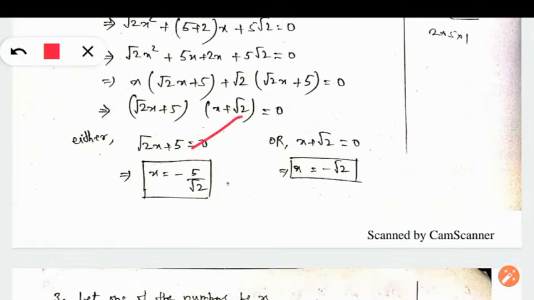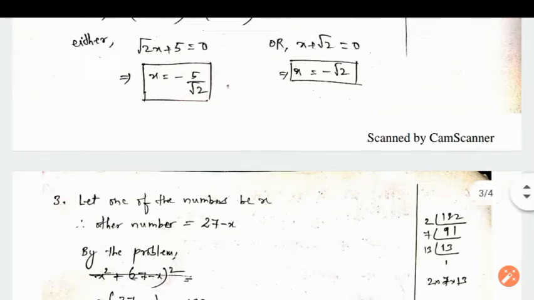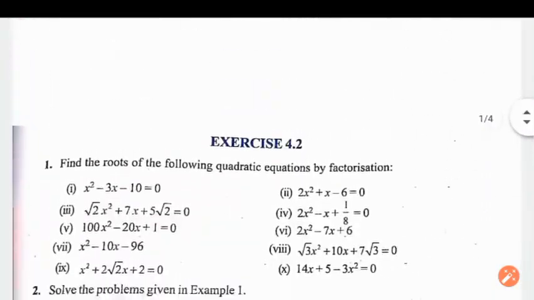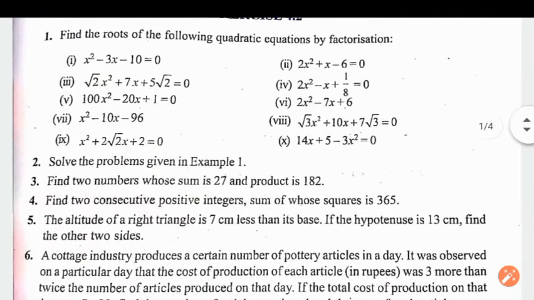So from here, what is x? If you take this 5 to the RHS, what you will get? Minus 5. So x equals minus 5 by root 2, and x equals minus root 2. This is what we got. Okay, so in this way, you are required to do all the rest of the sub parts of question number 1.